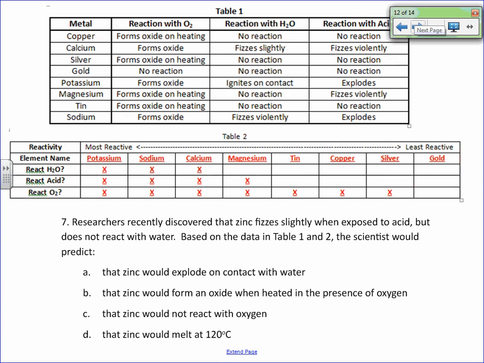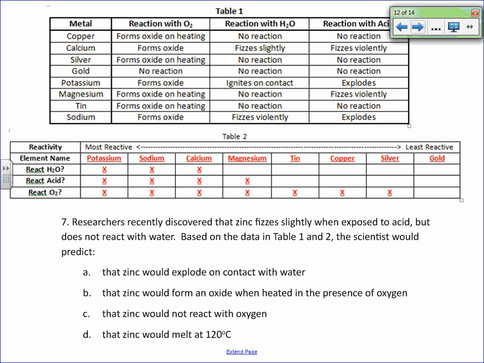Researchers recently discovered that zinc fizzes slightly when exposed to acid, but does not react with water. So now this is giving the information to us a different way. All right, and so if it fizzes slightly when exposed to acid, but does not react with water, this is where using the table and starting to see which one of these is the most reactive starts to come into play.